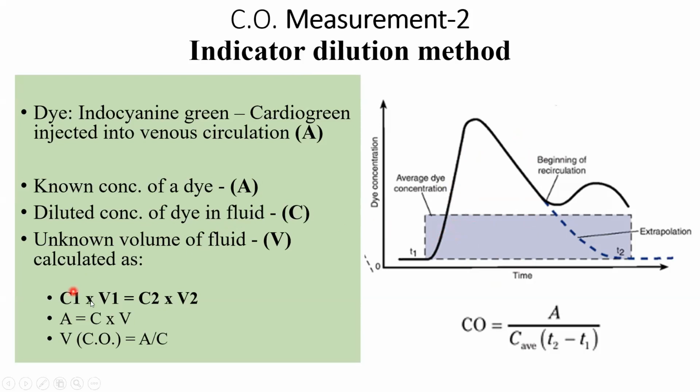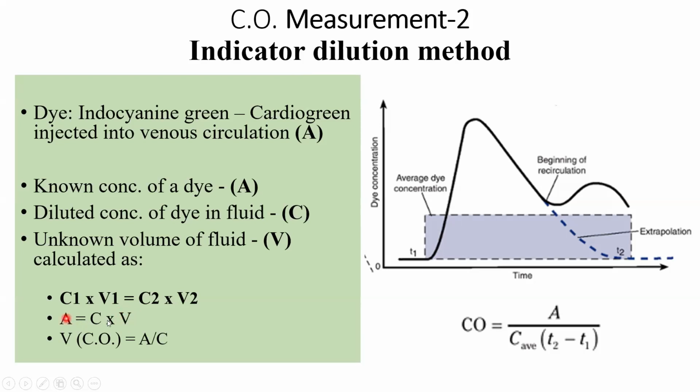So we've done this, we've done the graph. Now just put the values in the formula. C1 V1 is equal to C2 V2, and we arrive at A, being the known amount of dye, is equal to C, which is the diluted amount, which of course in this case will be C average, okay, which is basically depicted here. So C average multiplied by the unknown volume, and this will reflect the cardiac output.